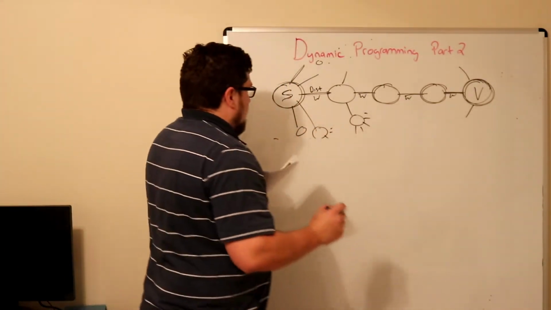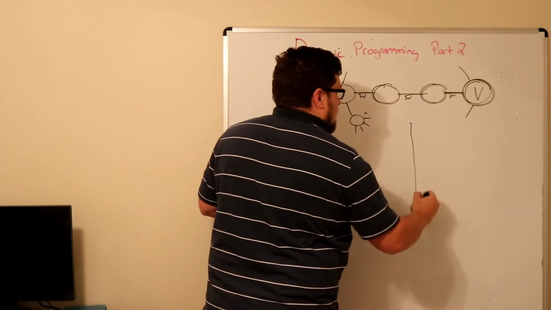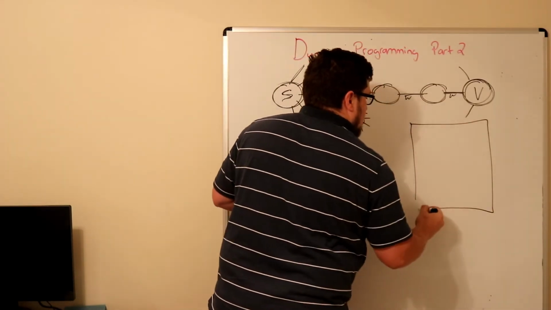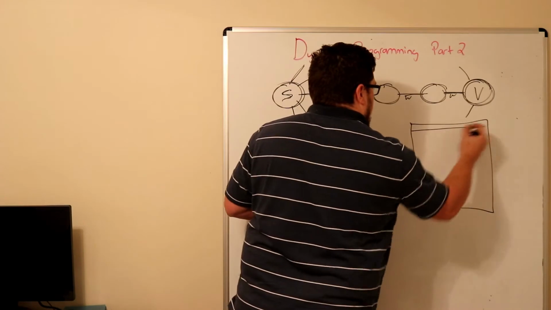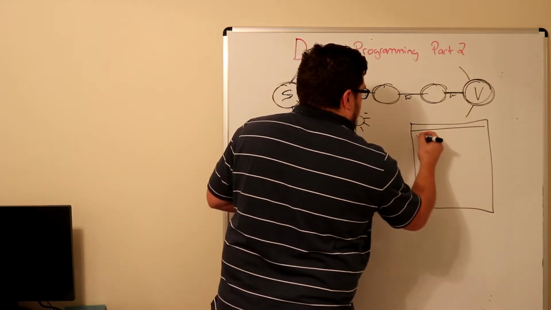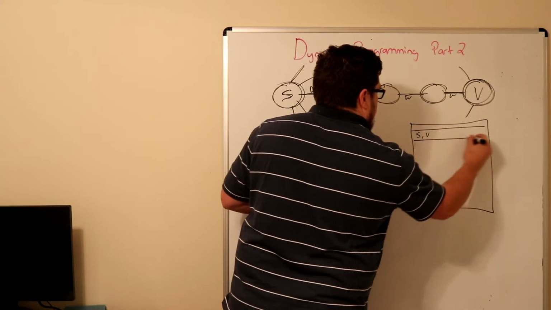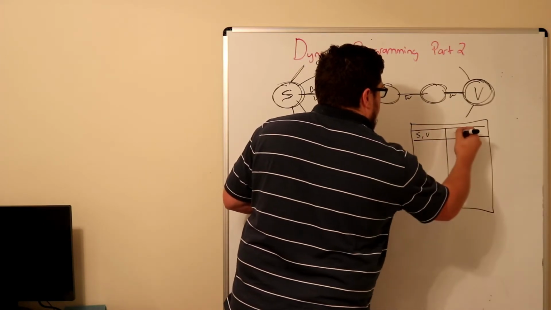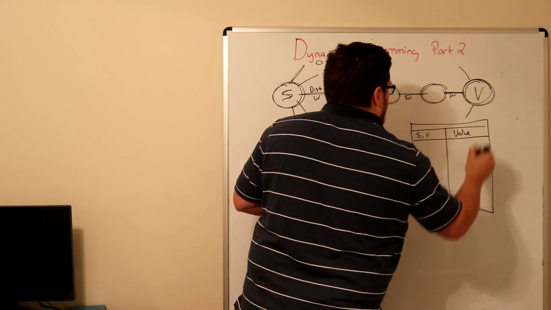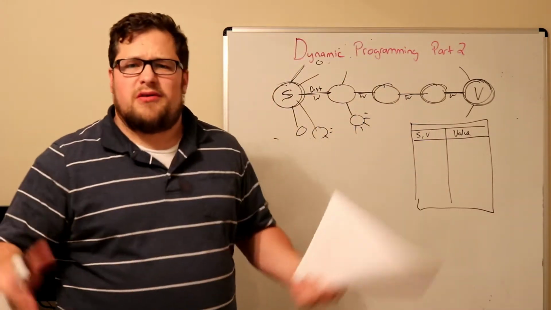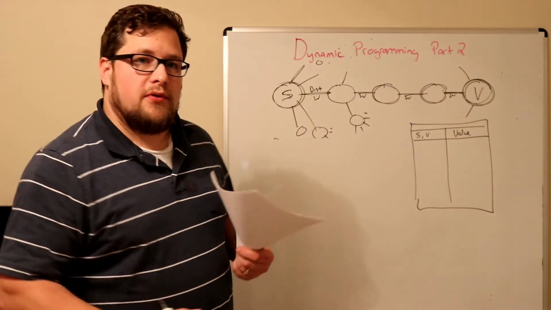So, let's say that we build a table. So we've got this table that actually stores S to V, right? And then this will be the value. And that value is probably the combined weight up to that point.